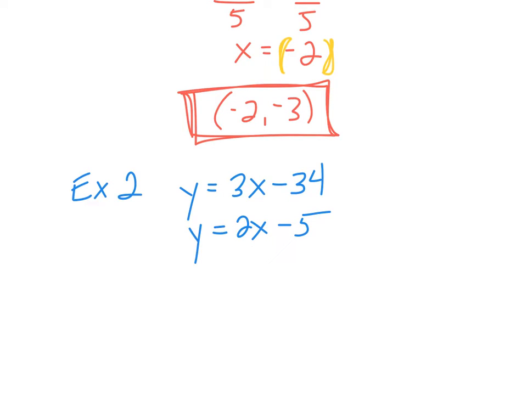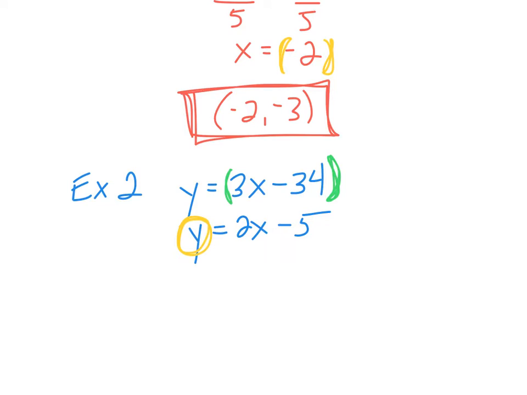Now, a lot of people get a little tripped up here, and I can understand why. You're like, well, I don't really know what to put where, but in essence, the same process is about to be used. Y is equal to this 3x minus 34, and I'm going to go into the other equation and replace y with what y is equal to.